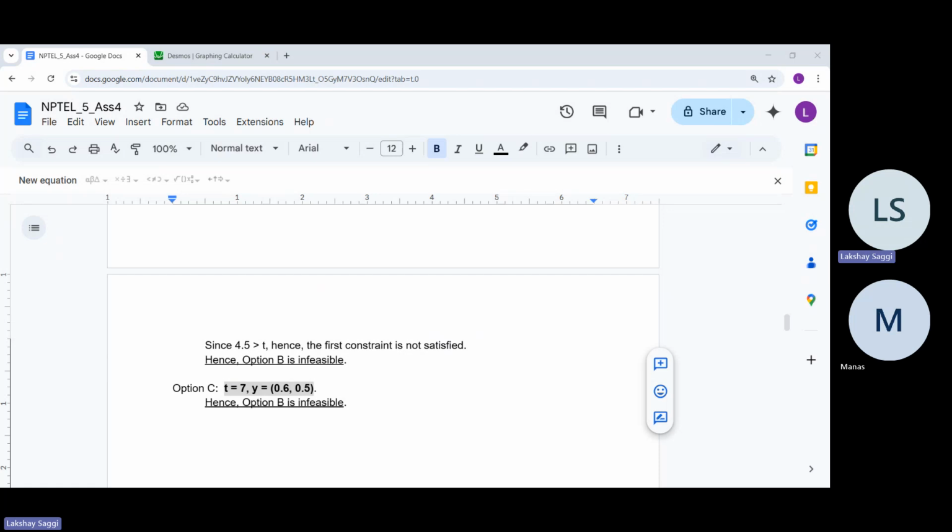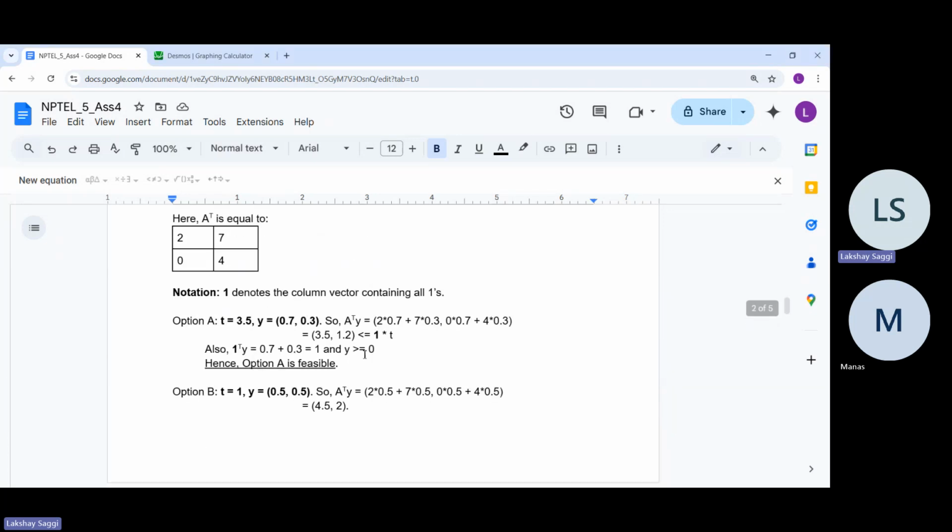Okay, so Manas is asking in the chat that what we are doing is basically checking every constraint. Is there any other smart method? So actually, Manas, I don't think there is any other method by which you can check this. But note that it's not very difficult to check all of these constraints. I'm just doing this calculation explicitly for everyone to see.